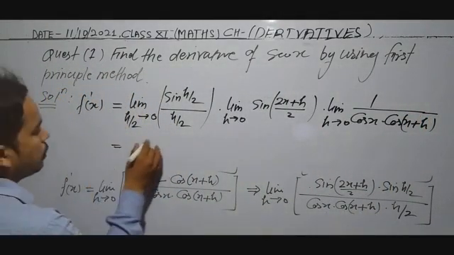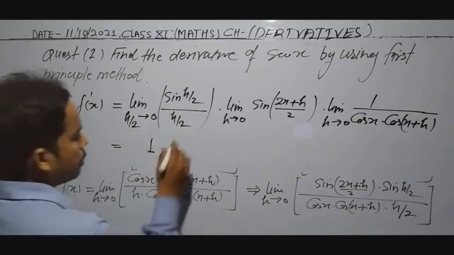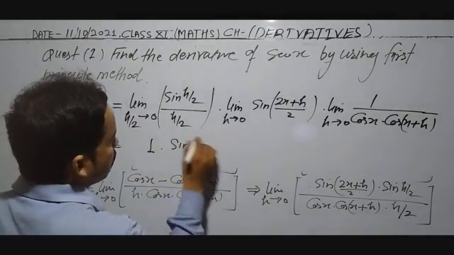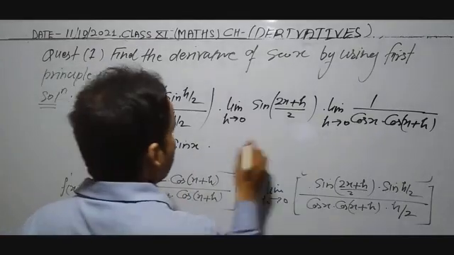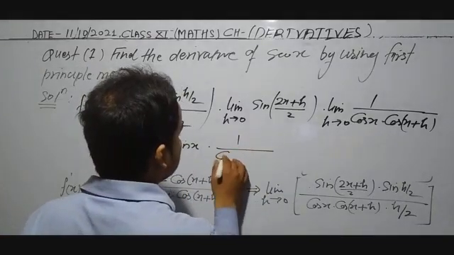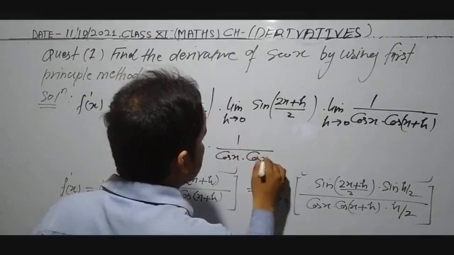Now see, its result is 1. This result is sin x, and this result will be 1 upon cos x into cos x.